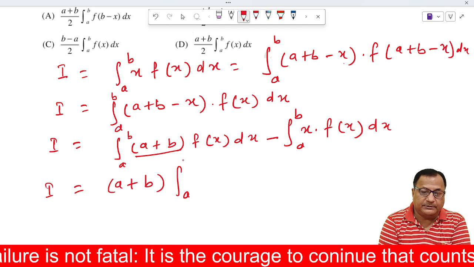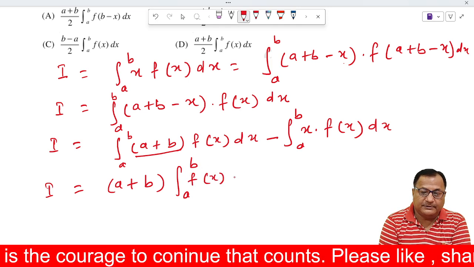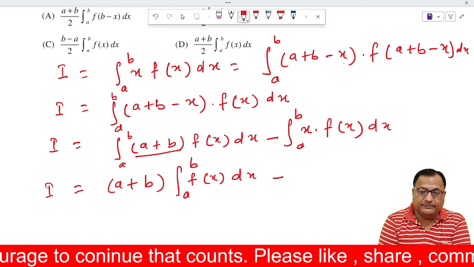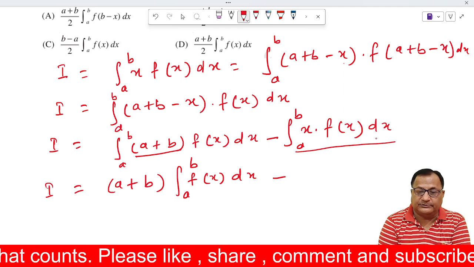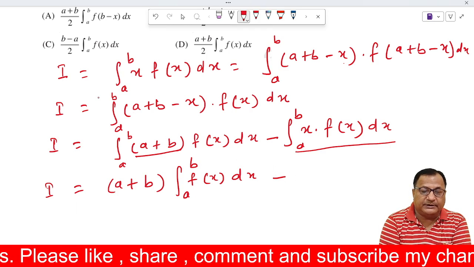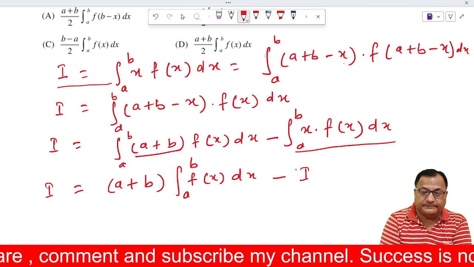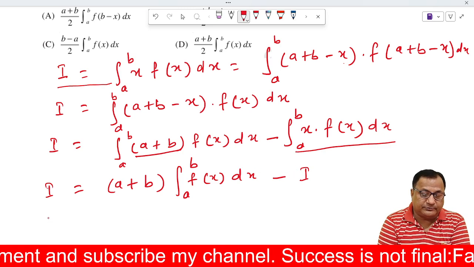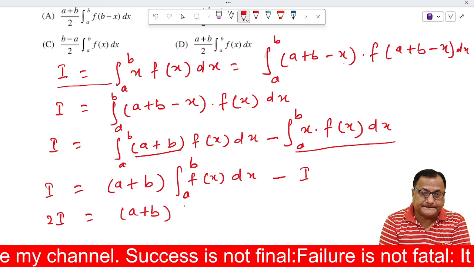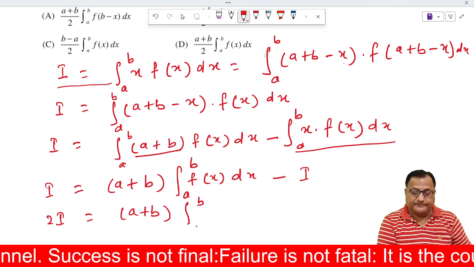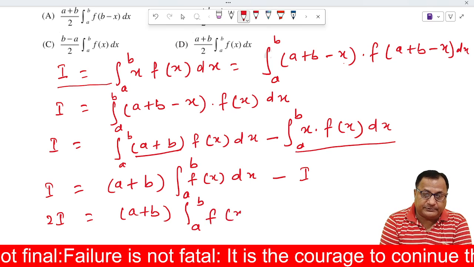This is the integral from a to b of f(x) dx, minus this is I. So here it is, the first integral is I. So this will come to this side, so this will be 2I is equal to a plus b times the integral from a to b of f(x) dx.